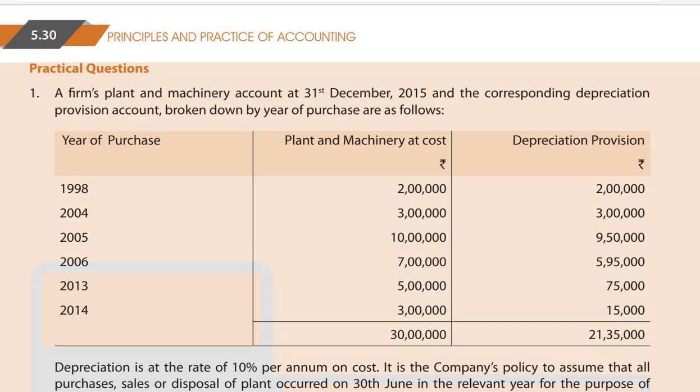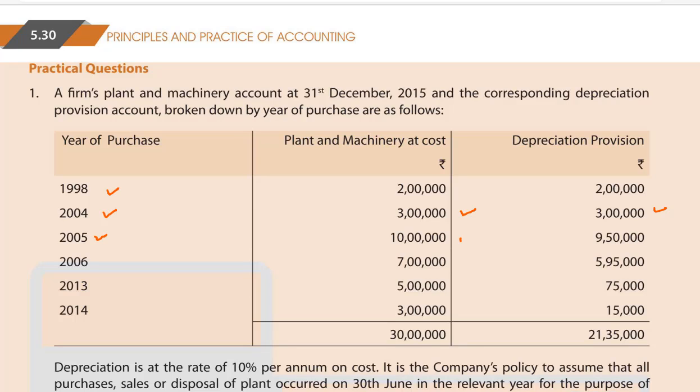So in 1998, plant and machinery was purchased at a cost of 2 lakh and the depreciation provision is 2 lakh. In 2004, the cost is 3 lakh and the provision is 3 lakh. In 2005, 10 lakhs, with 9 lakh 50,000 as the provision.